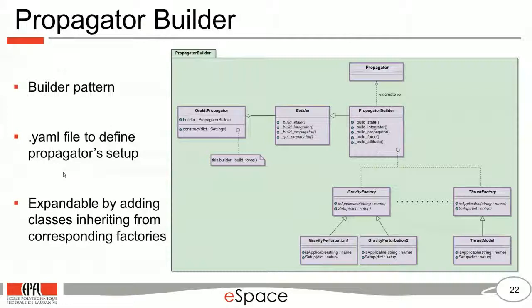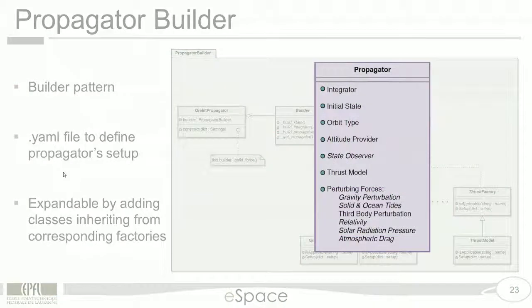We made sure that we can configure very easily the different propagators that we built using YAML files. This allows us to control in a very fine-grained manner every object that is being propagated: what type of integrator you want to use, what the state observer is, what kind of thrust models you rely on, and the forces you want to consider when you propagate.